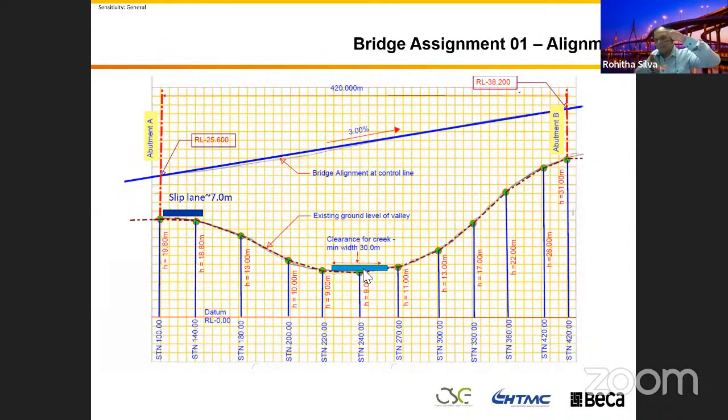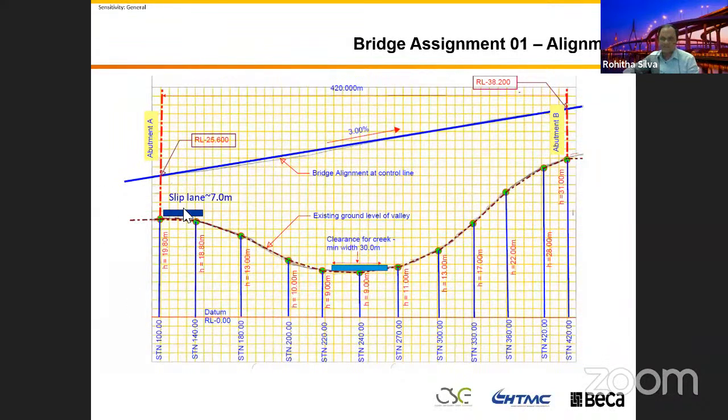I said competent rock is about 5 to 15 meters below. The competent rock is 10 meters below. 23 plus 10, the height is 33 meters. This bridge cantilever is 33 meters.